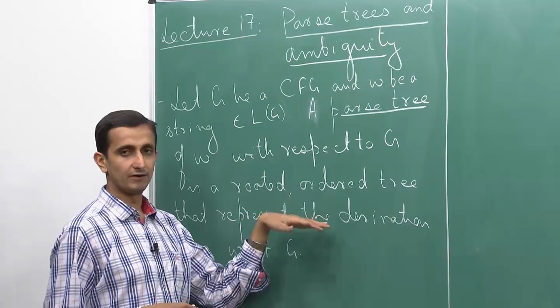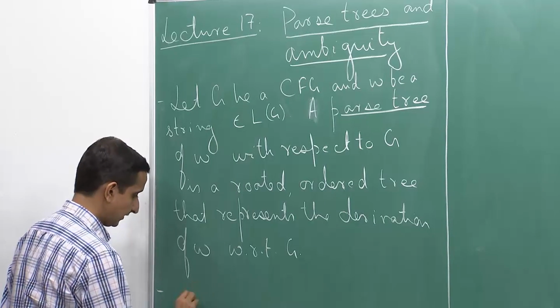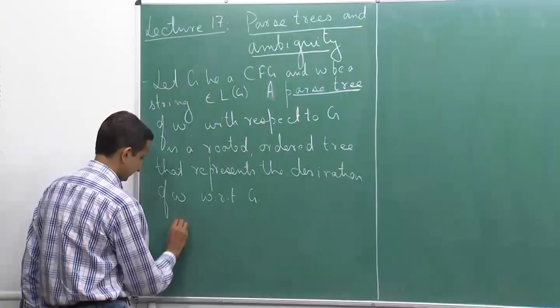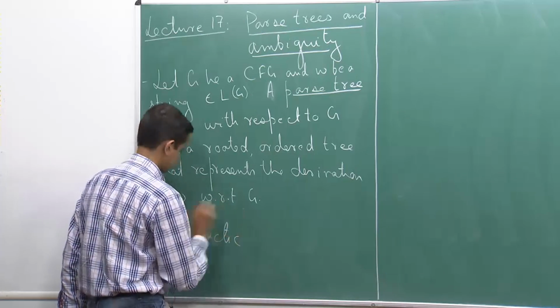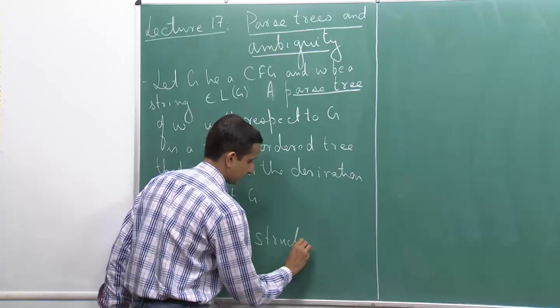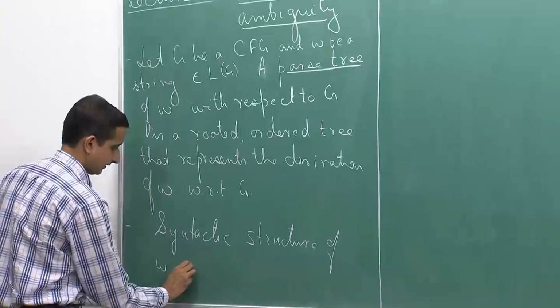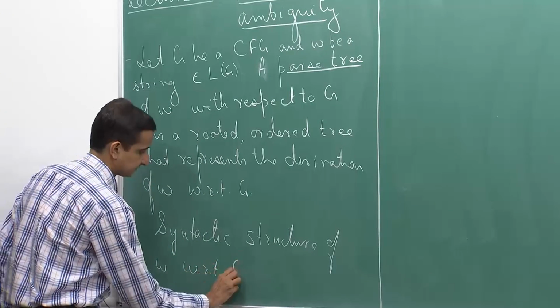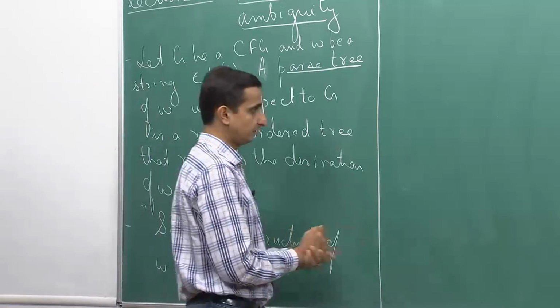It is a rooted ordered tree, and it gives what is called a syntactic structure of W with respect to G. We will see this very soon.